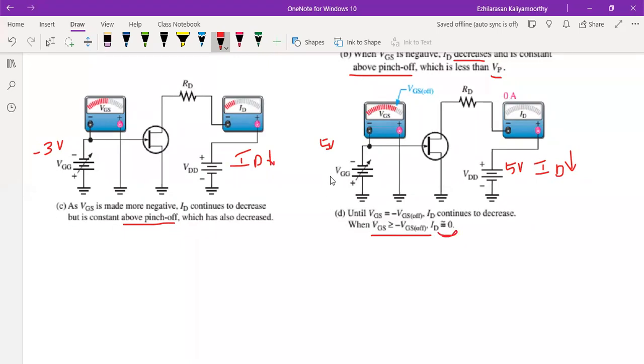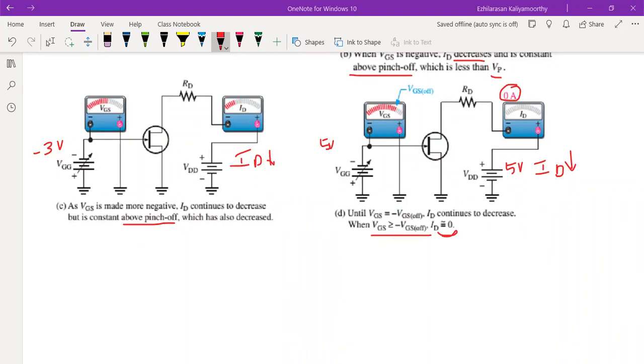If this voltage is increased more than that, automatically ID will almost be equal to 0. It's 0 ampere we will get. So from this I can say the cutoff voltage, the value of VGS that makes ID approximately 0, is the cutoff voltage, VGS off, which is shown in figure 6.D.